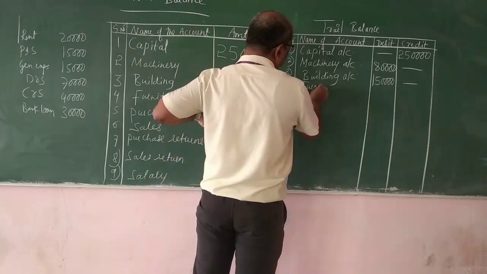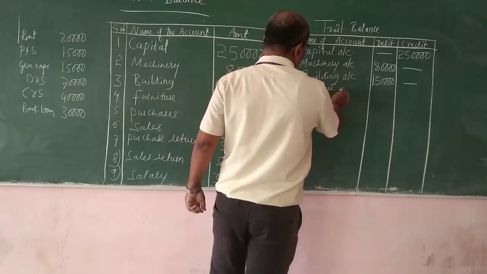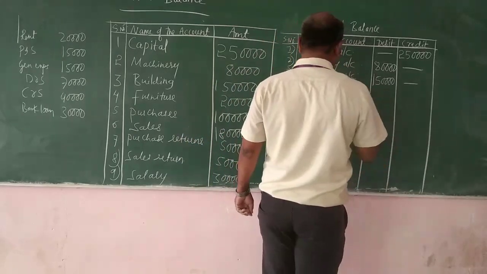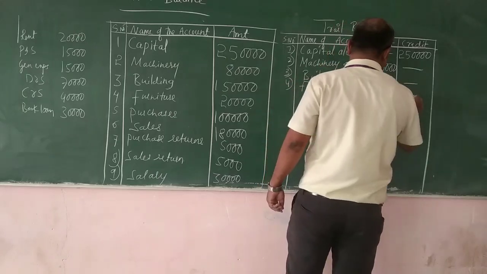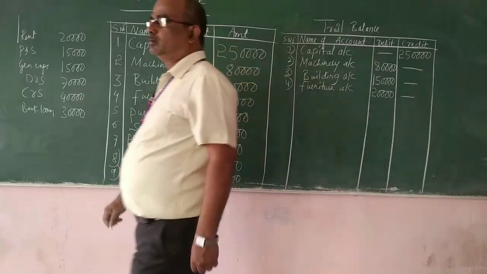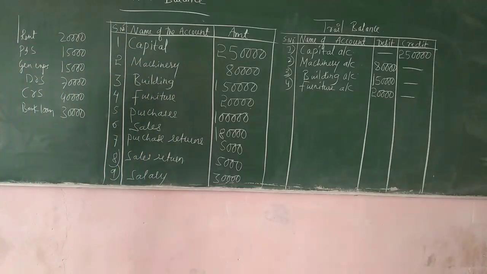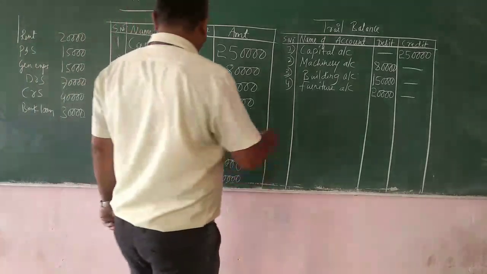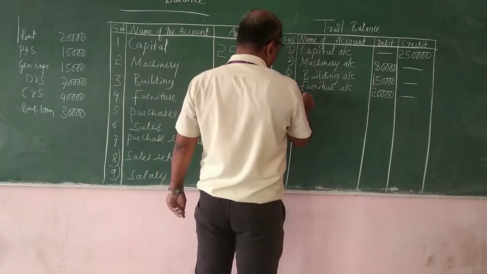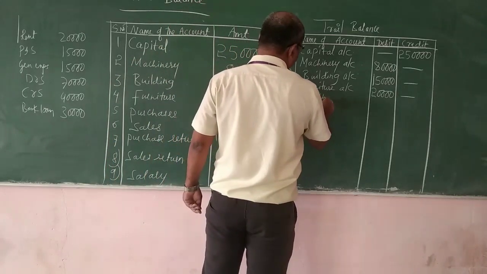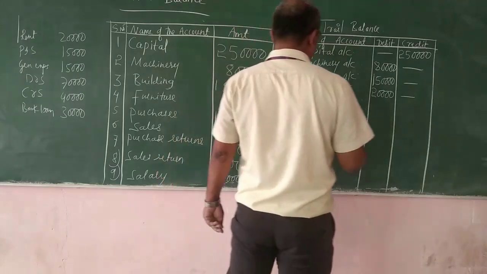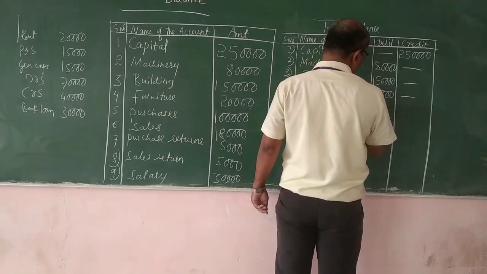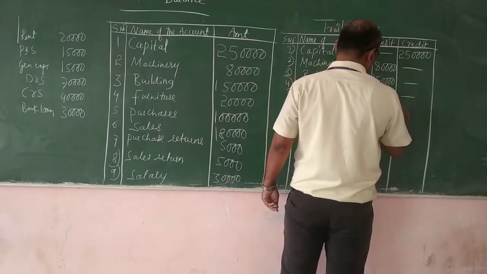Furniture is also an asset, so this account should be debited 20,000. Next, purchases will be considered as expenses only. So purchases, 1 lakh, debited.